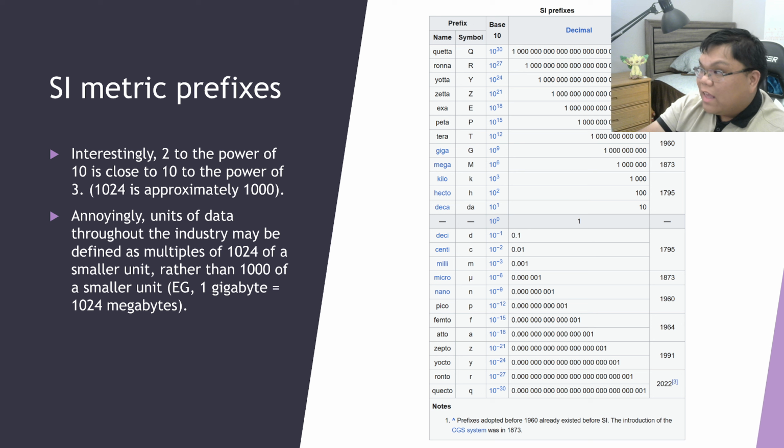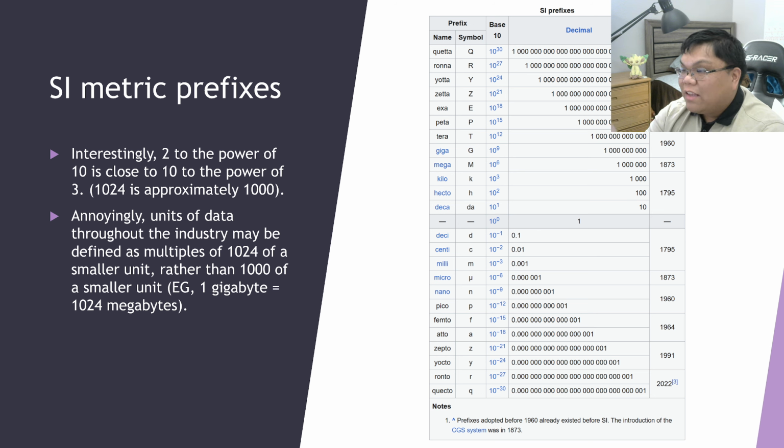The last thing is about SI prefixes. Interestingly, 2 to the power of 10, that is 1024, is awfully close to 10 to the power of 3, that's 1000. Annoyingly, the industry standard seems to be fixed on defining a gigabyte as being 1024 megabytes and 1 megabyte as being 1024 kilobytes.